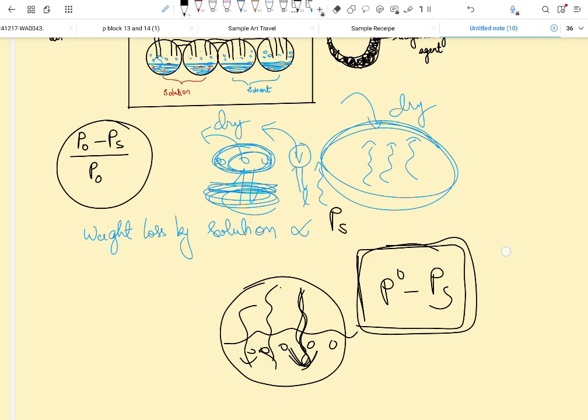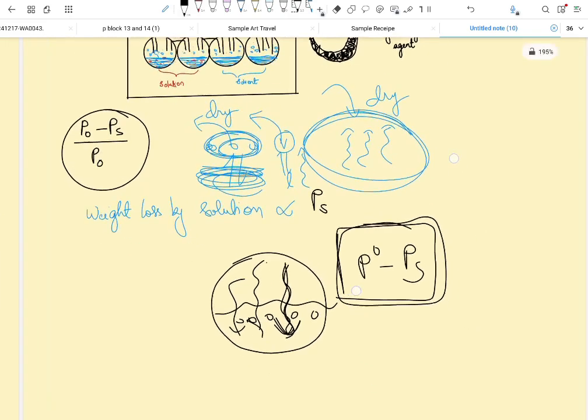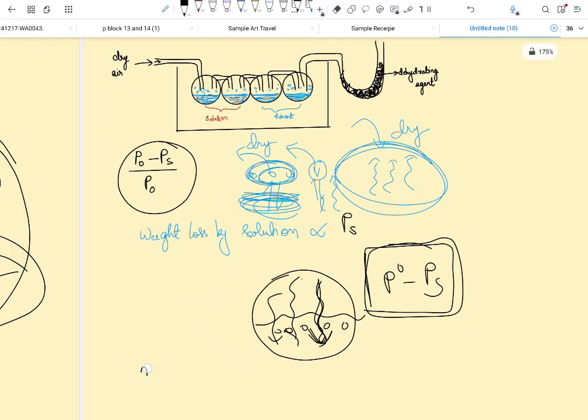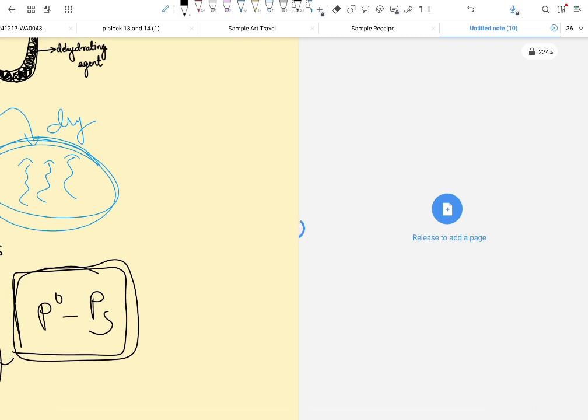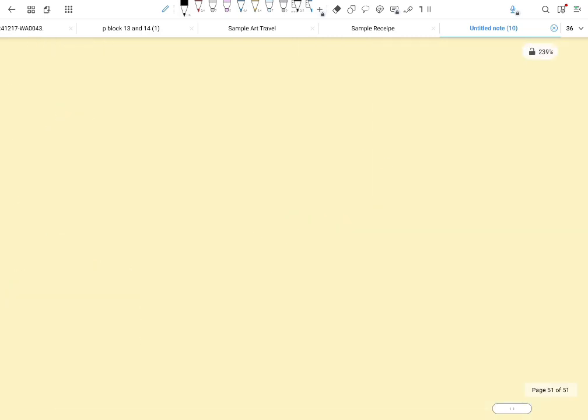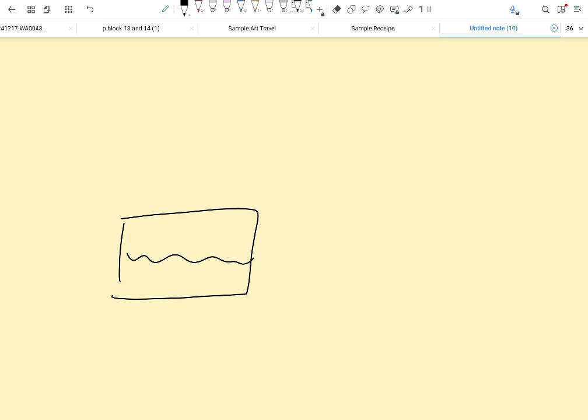So if there is more lowering in vapor pressure, here I am taking an example. In this solution, suppose P0 minus Ps is more, that is, more lowering in vapor pressure is there.